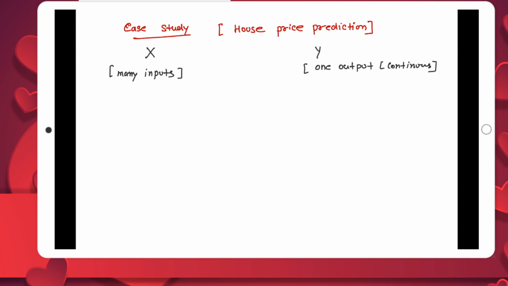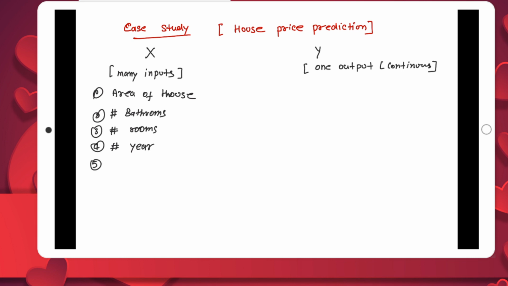So those many inputs include the area of the house, the number of bathrooms, the number of rooms, the year that the house was built.